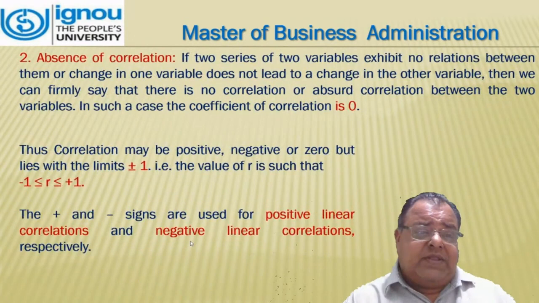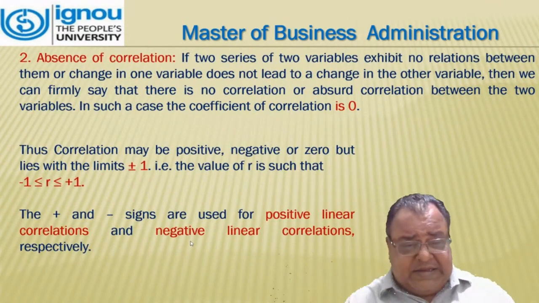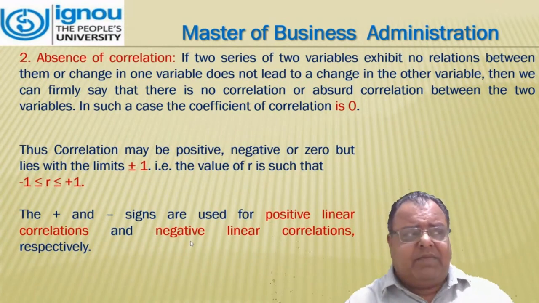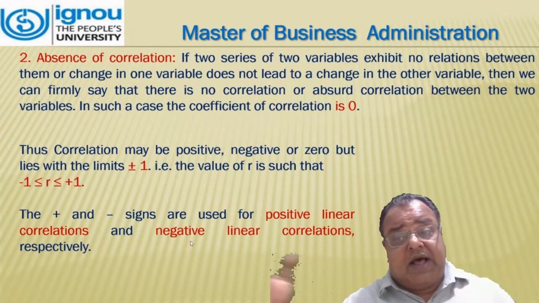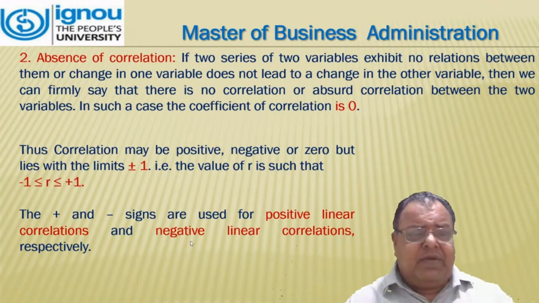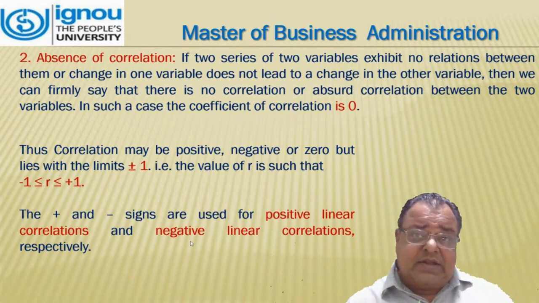Now, what happens in the absence of correlation? If two series of two variables exhibit no relation between them, or a change in one variable does not lead to a change in the other variable, then we can firmly say that there is no correlation or absurd correlation between the two variables. In such a case, the coefficient of correlation will be 0.